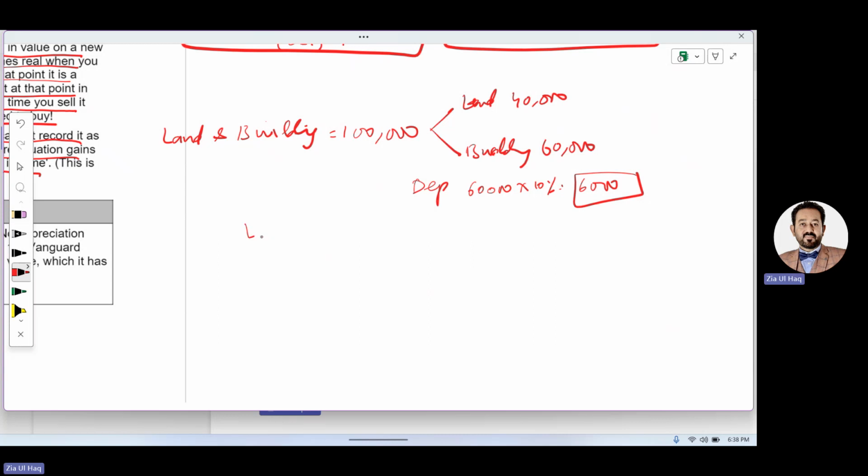Suppose they have given you land and building value of 50,000, but it's not differentiated what is land and what is building, and the depreciation rate is 10%. Then we will charge depreciation on the complete amount.